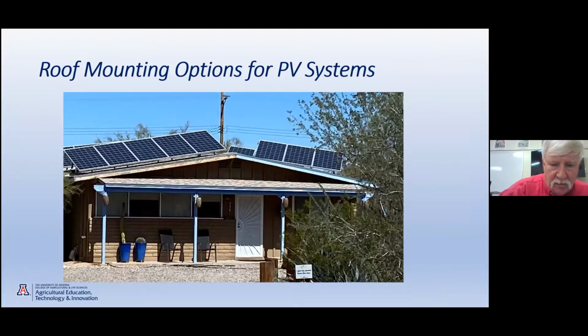This is one where the front of the house faces to the south, but the roof design is actually east and west facing. So what they did is they put modules on both sides, the east and west, and then tilted them up. And so this one, when I drive by it and I look at it, it almost looks like a peacock to me with its feathers up in the back.